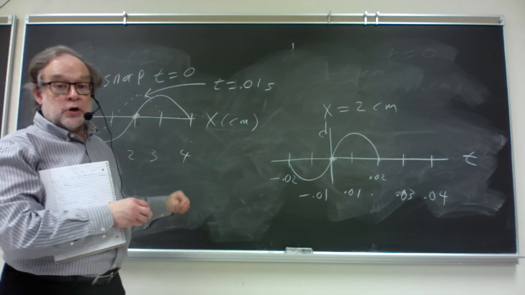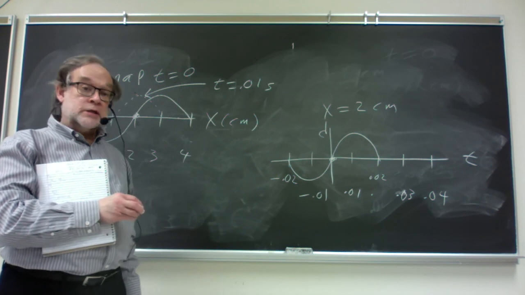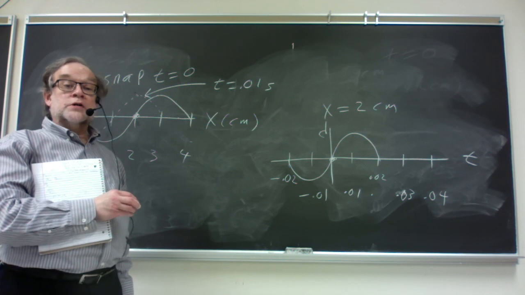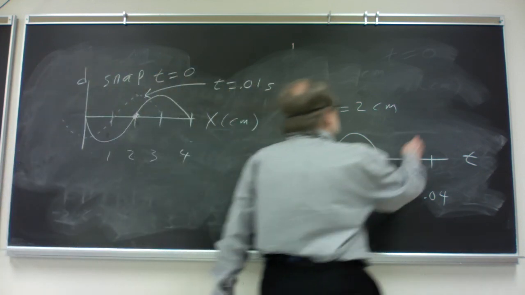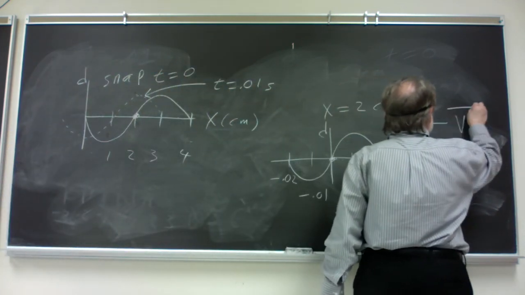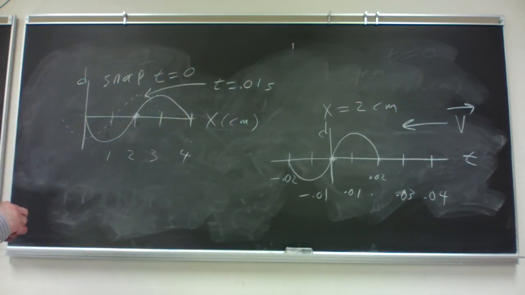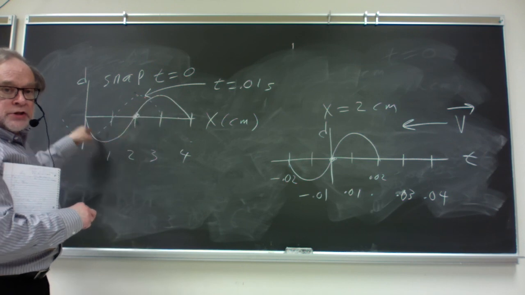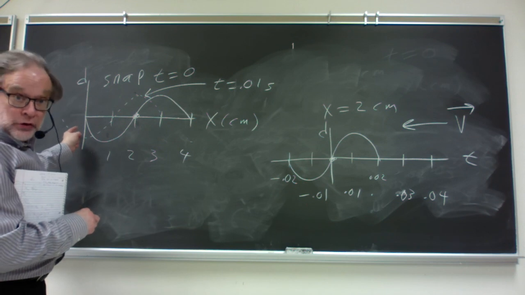In other words, when you compare this snapshot with this history, you can figure out that in this case, the velocity of that pulse was pointing to the left. The pulse was moving to the left. And you can see that by comparing the snapshot at 0 seconds to the snapshot 1/100th of a second later.